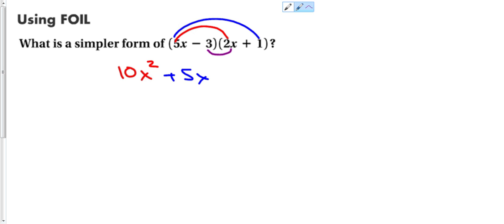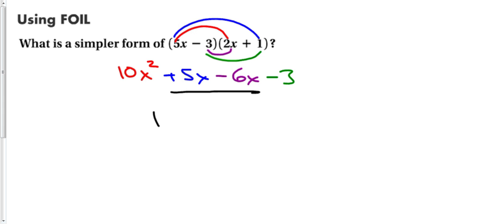Inside gives me negative 6x. And then the last, which gives me negative 3 times negative minus 3. Okay? Then, what you should notice is that these two terms are going to get combined. So my answer becomes 10x squared minus x minus 3.